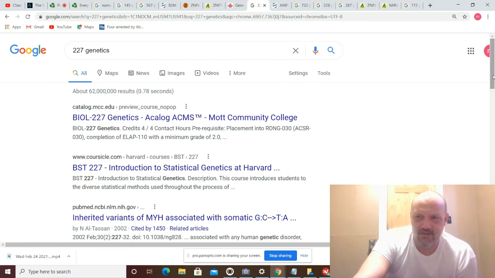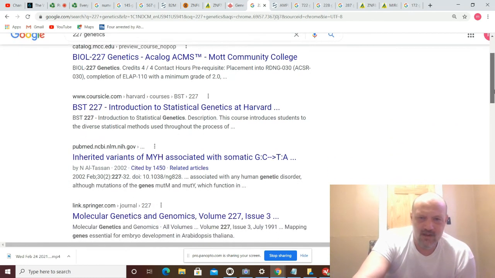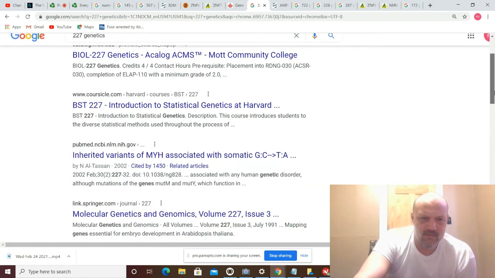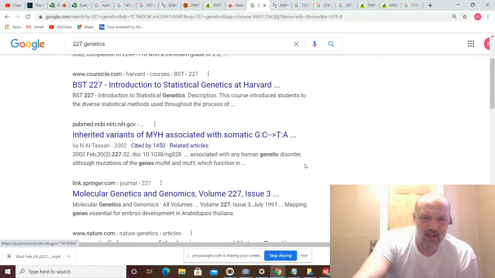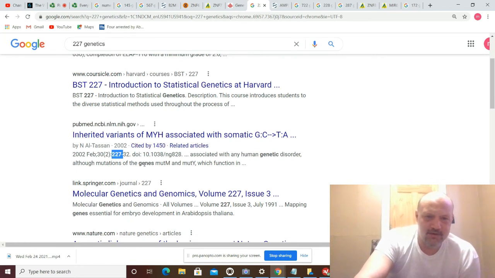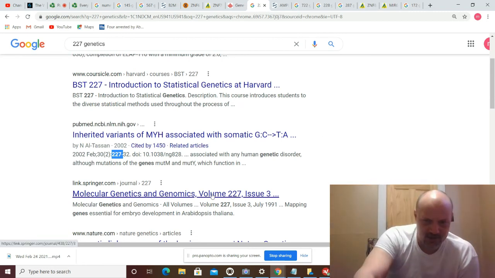So they can calculate anything at Harvard. Inherent variance of MYH associated with somatic something or other, and there's our number. It deals with mutations of certain genes. You got Molecular Genetics and Genomics, Volume 227, Issue 3.